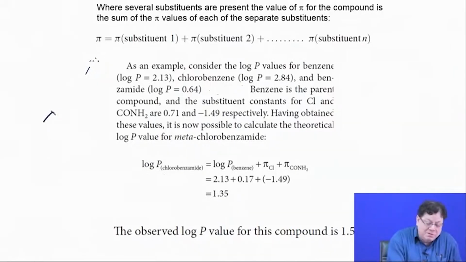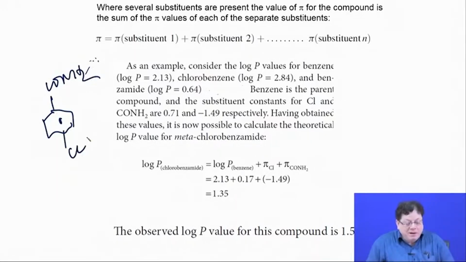Okay. So, suppose I want to know the hydrophobicity of chlorobenzamide, with CONH2 and chlorine on the ring. What will be its hydrophobicity? It will have the log p value of benzene plus the pi, the parametric hydrophobicity, of CONH2 and of chlorine. Okay.